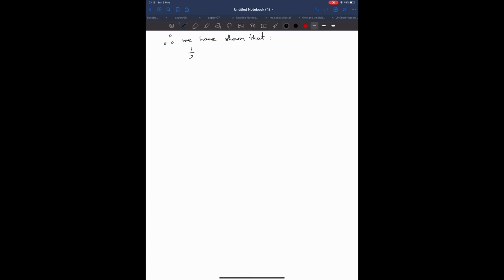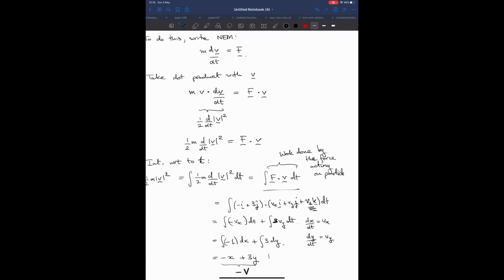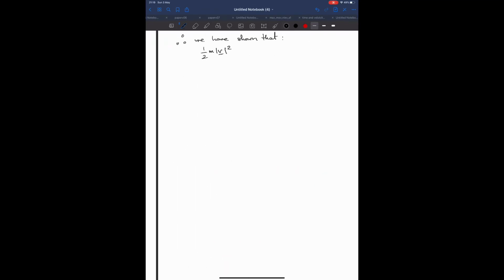1/2 m modulus V squared. Now, there was a problem here because your naughty lecturer didn't put down the arbitrary constant of integration, because I did an indefinite integration.